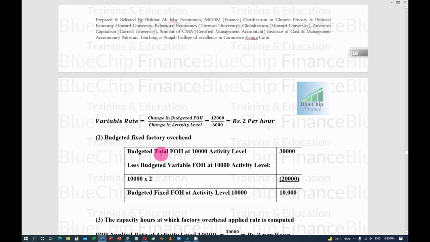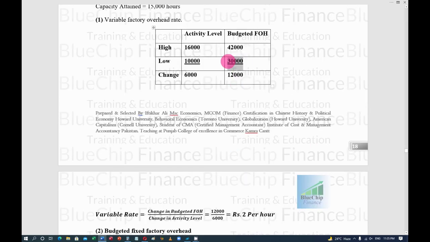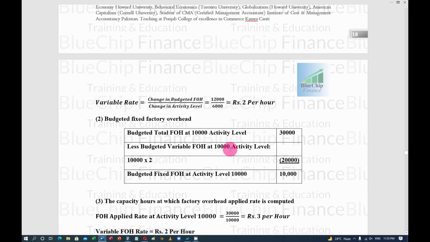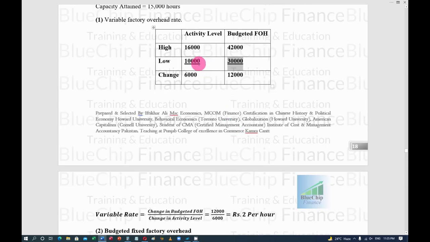So budgeted total FOH is 30,000 minus budgeted variable FOH. We obviously have total FOH, that is 30,000, and we can calculate variable FOH because we have the variable rate and we also have the activity level.